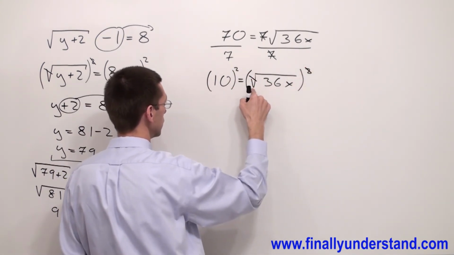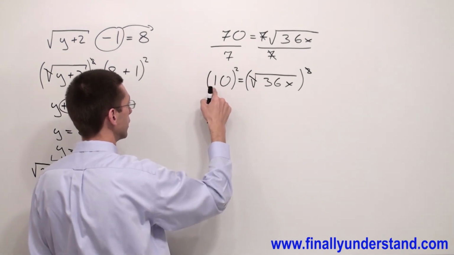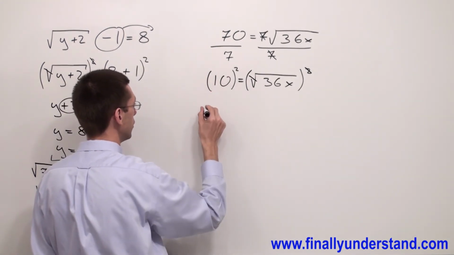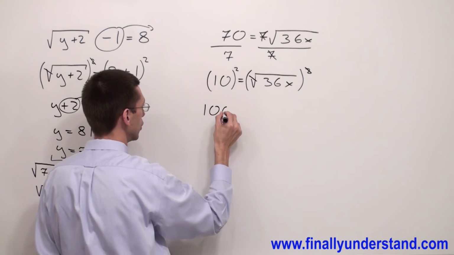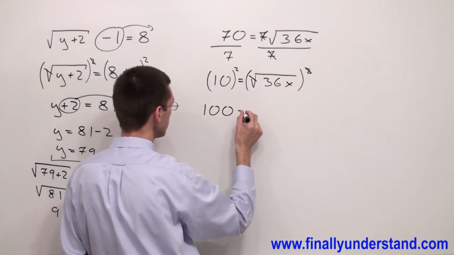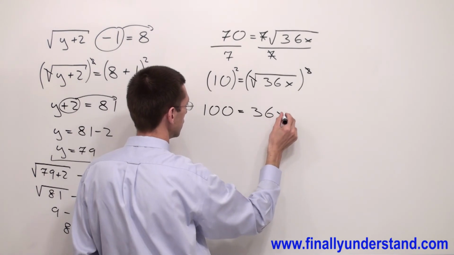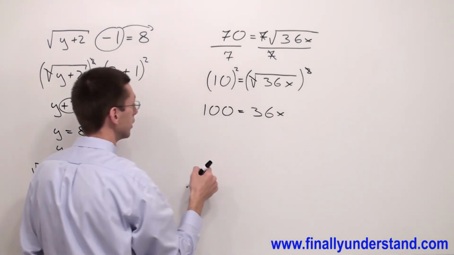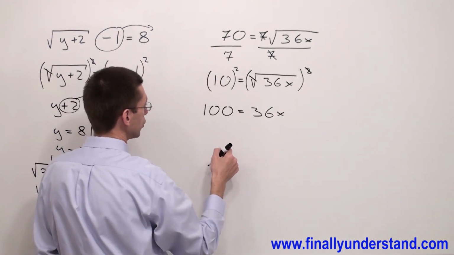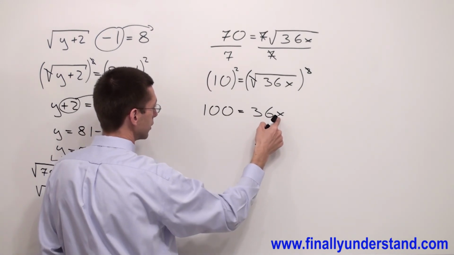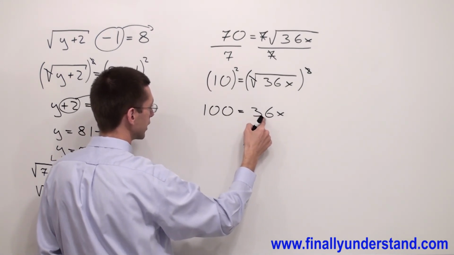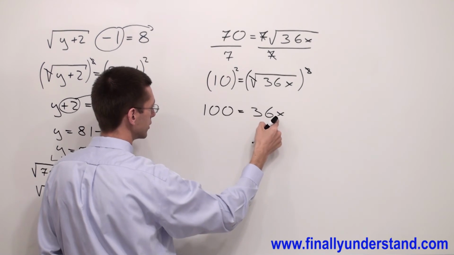The exponent will cancel out the radical sign. 10 to the second power is equal to 100, equals 36x. I'm looking for x. X is multiplied by 36. I do not want to see 36 next to x.